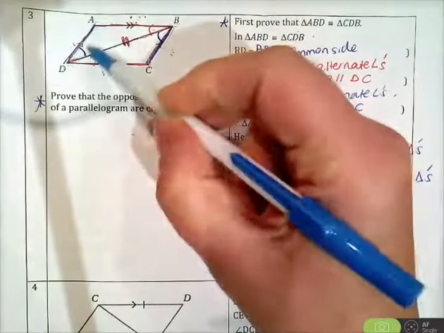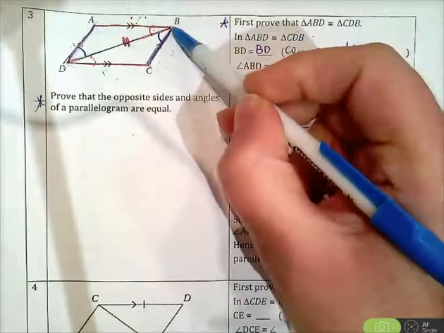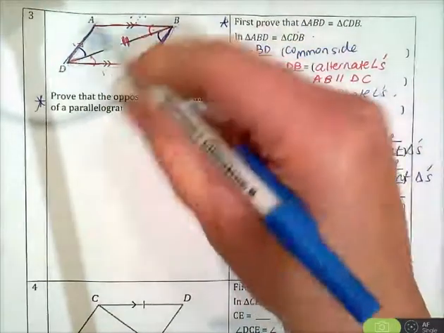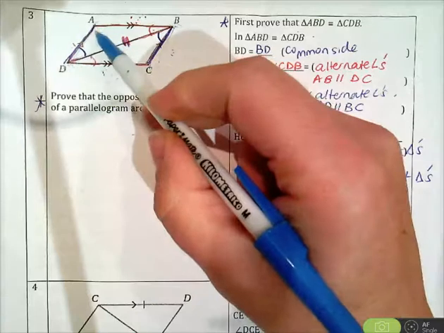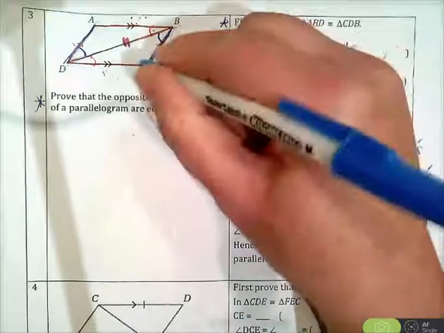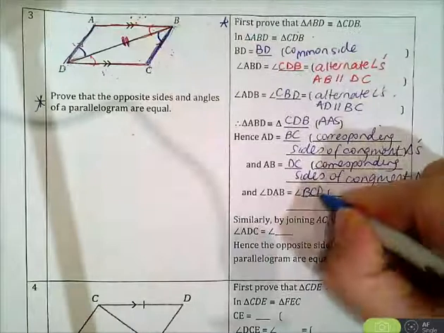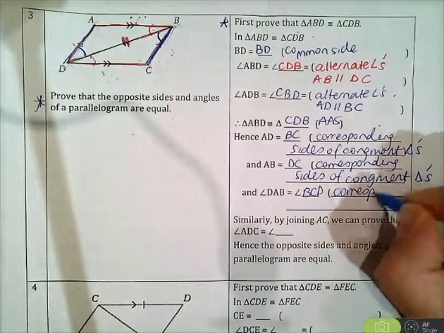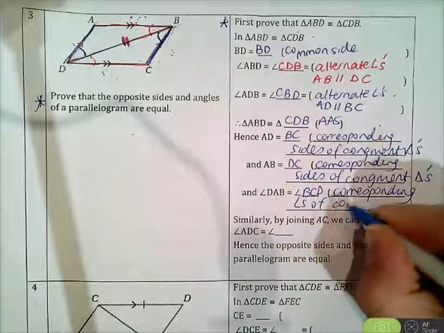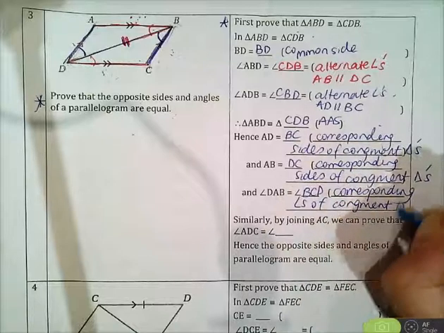And we can also see that angle DAB is equal to angle BCD, going from the blue arc to the blank to the red arc. They are corresponding angles of congruent triangles.